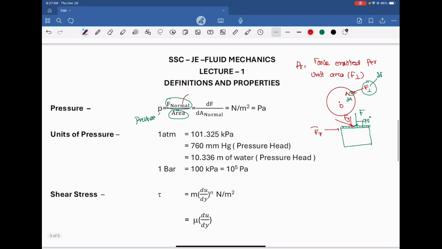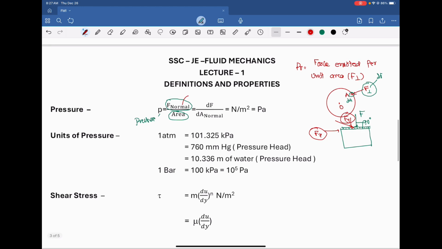Fx relates to the shear stress, Fy relates to the normal pressure. Please try to understand. If force is given at an angle theta, then that force is to be decomposed into horizontal force and vertical force. The normal force divided by the area of cross section will give the pressure, whereas shear stress is given in the direction of the horizontal force, the x direction, whatever we call it.